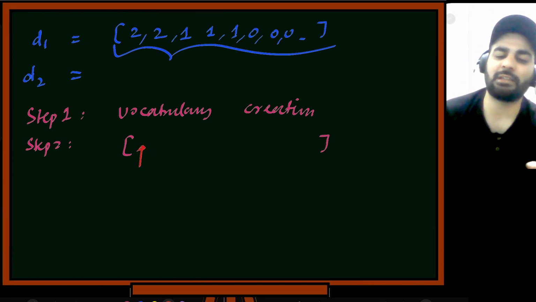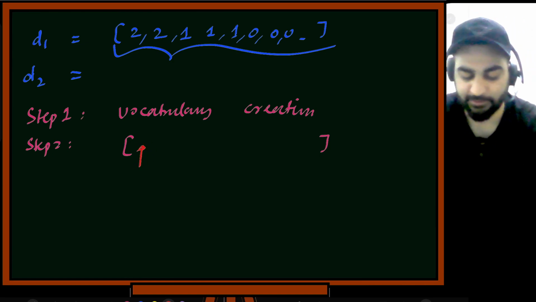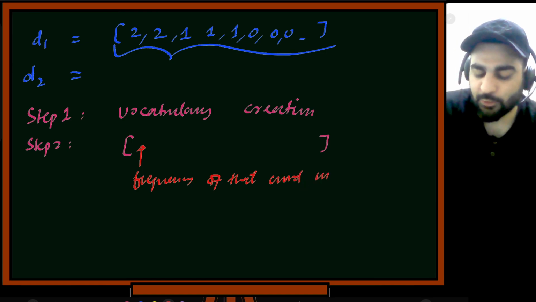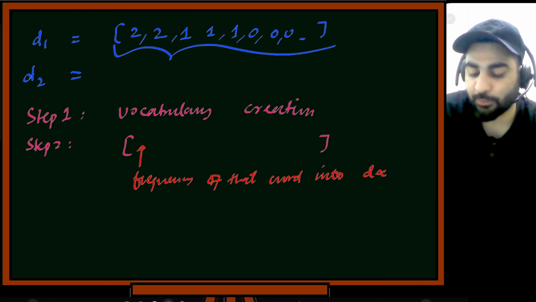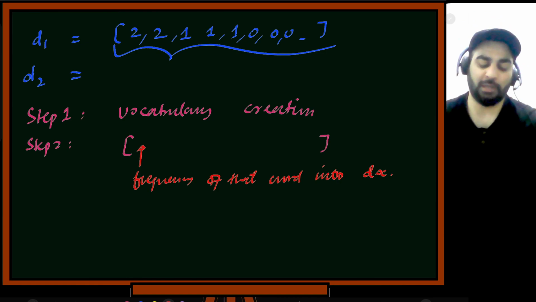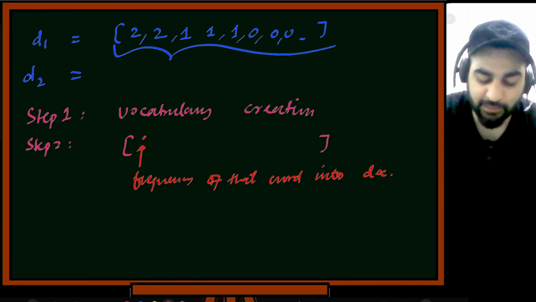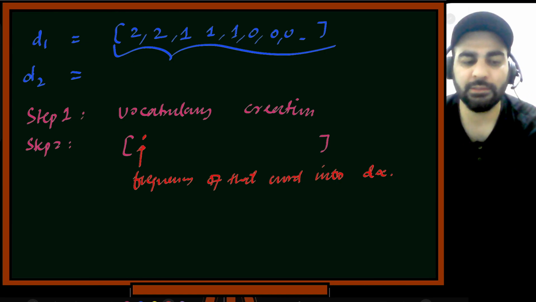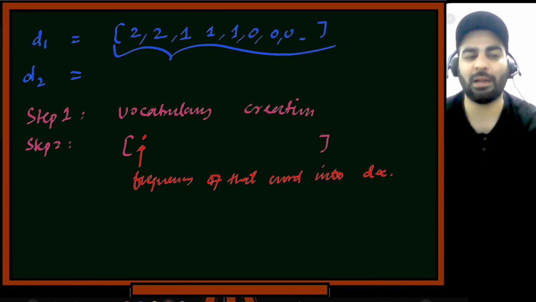Each value in a dimension corresponds to the frequency of that word in the document we are concerned about. Let's suppose you are taking D1. The entry means this word appeared that many times in the document. This is the whole idea of bag of words.